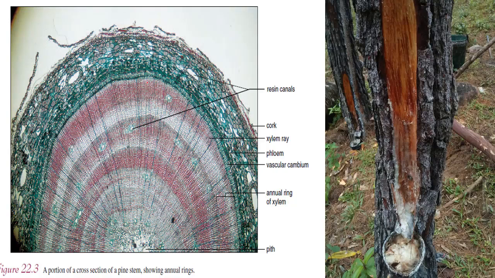Last time we discussed the structure of the dicot, right? Here we can see a cross section of a pine tree. Let's look from the outside to the inside.